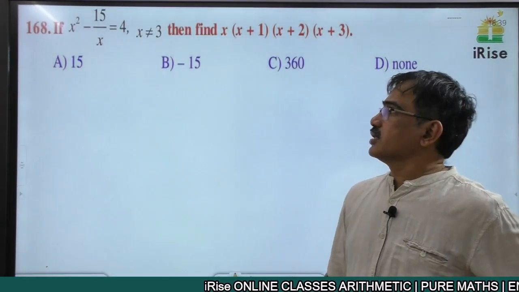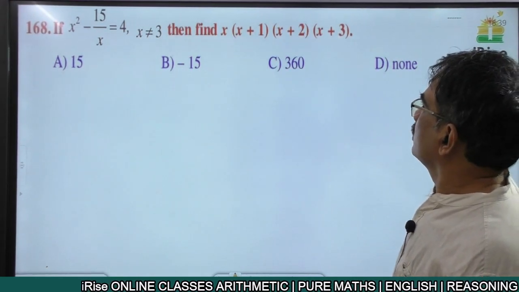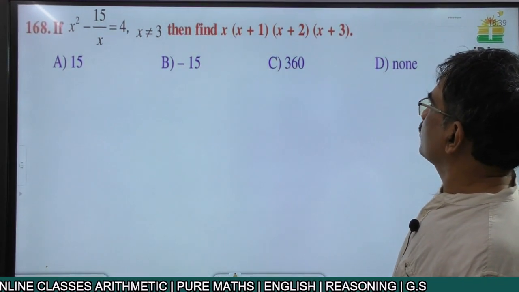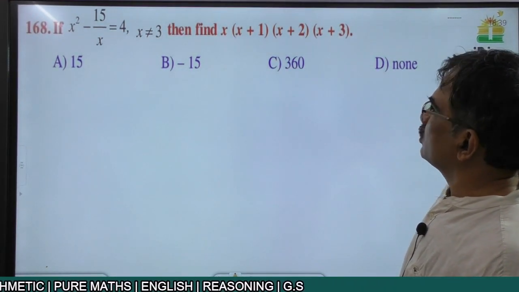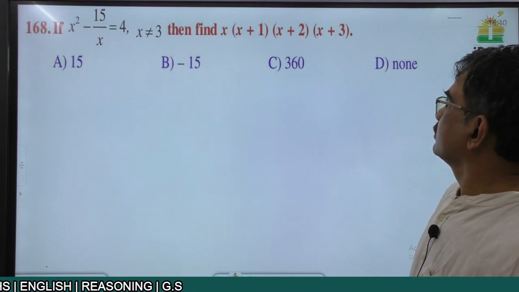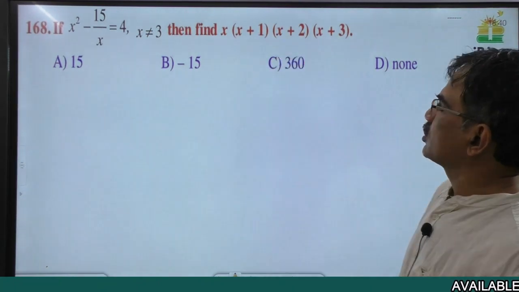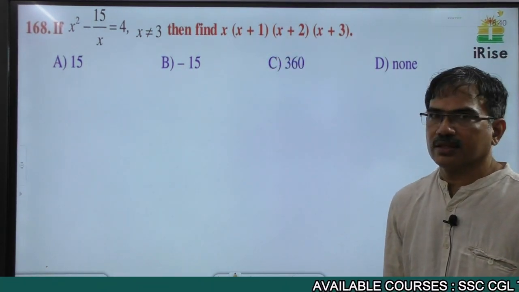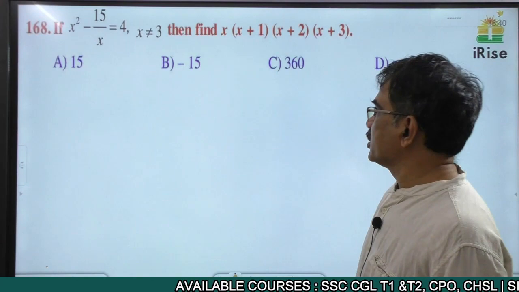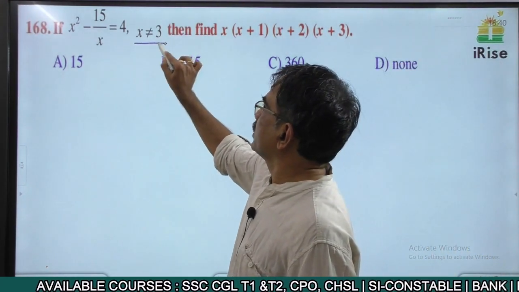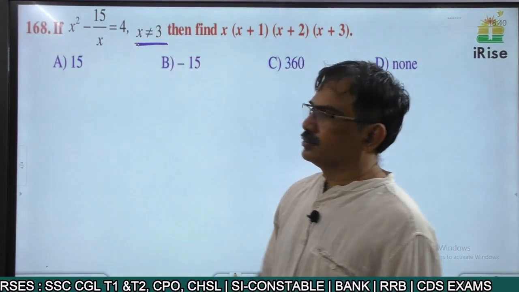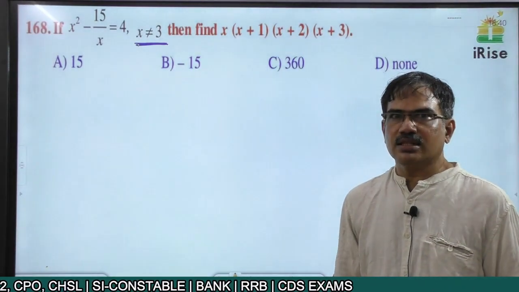x square minus 15 by x is 4. Then what is x into x plus 1 into x plus 2 into x plus 3? Here a very important condition is x not equal to 3.